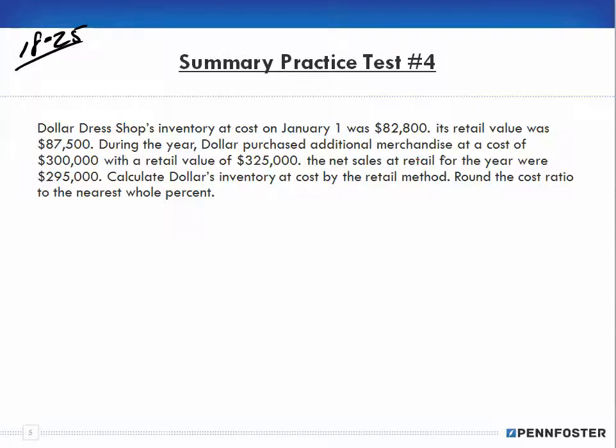So, we have the data, and we have to put it into a format that's useful here. And we're using the retail method here. So let's see, we have a cost and we have retail here.